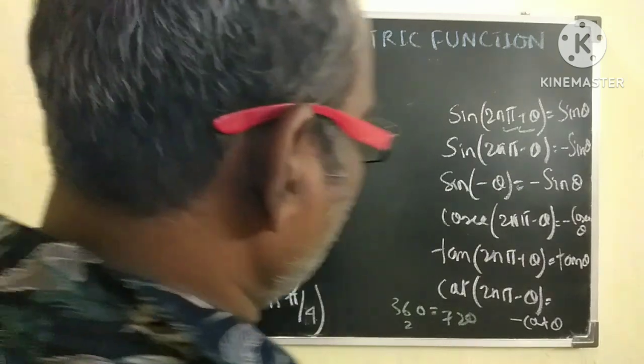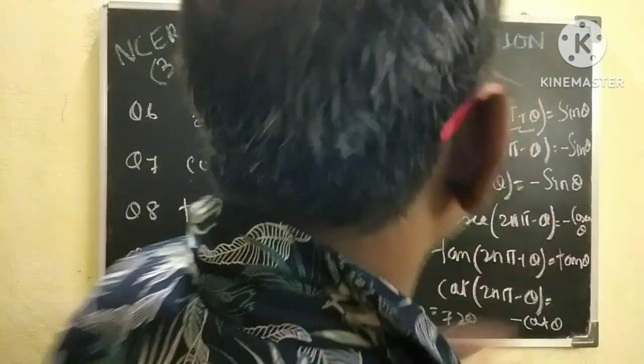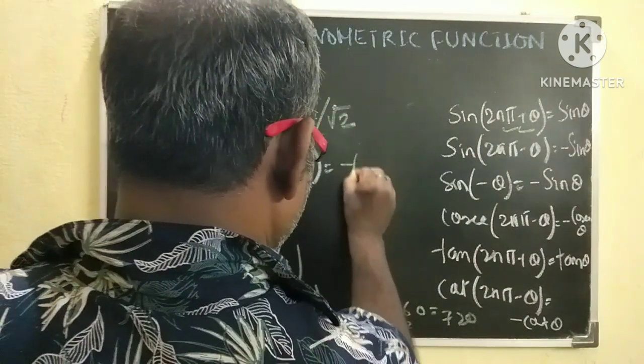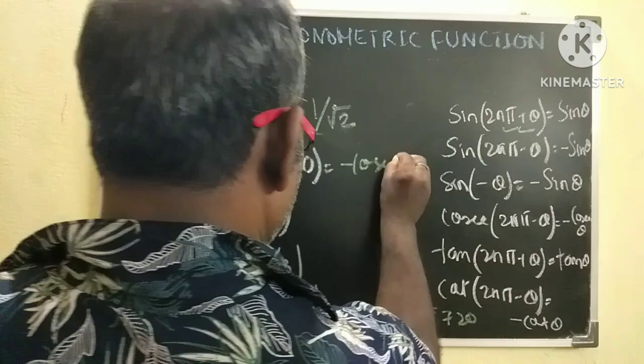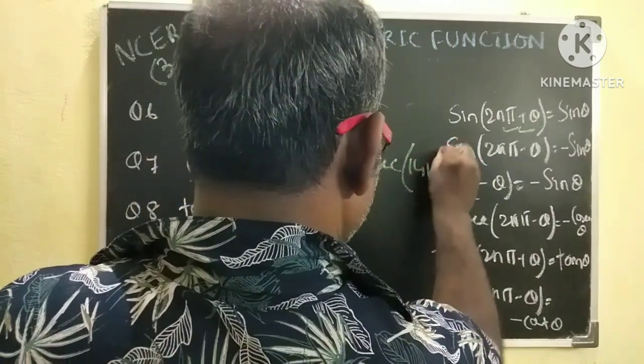Next, our next question is cosecant of this. We know that cosecant of minus theta is minus cosecant theta. So we can write down minus cosecant of 1410.